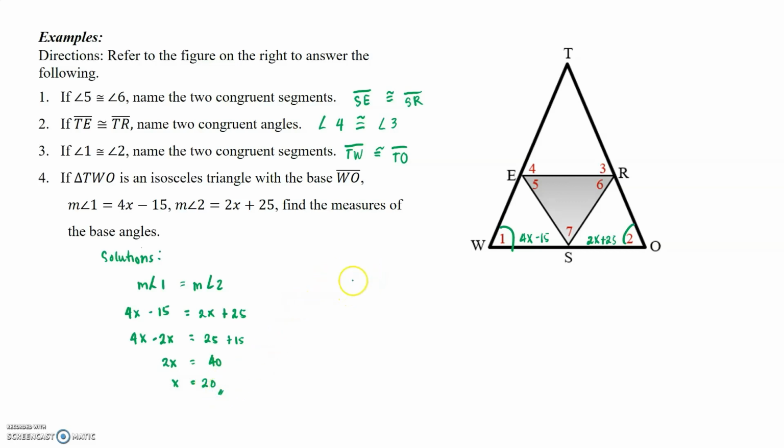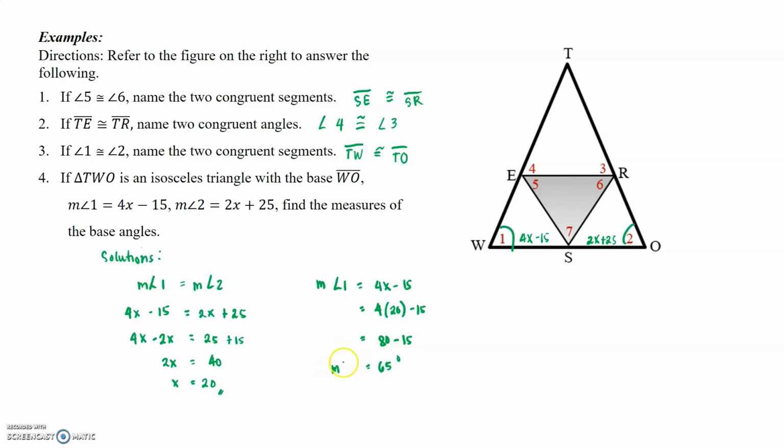So in solving for the measure of angle 1, the measure of angle 1 is equal to 4x minus 15. Substitute the value of x, which is 20. So we have 4 times 20 minus 15. 4 times 20 is 80, minus 15. So that is 65 degrees.